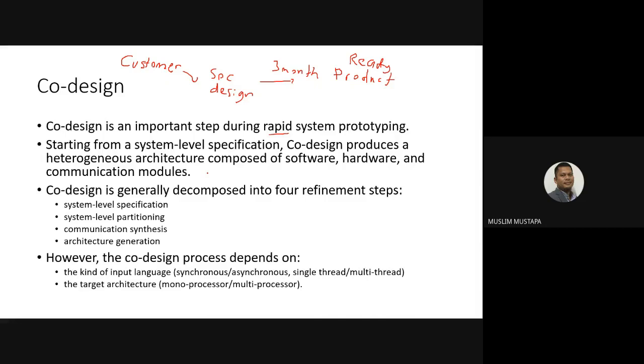So how do you want to communicate between these things? Co-design is generally composed into four refinement steps: system level spec, system level partitioning, communication synthesis, and architecture generation.